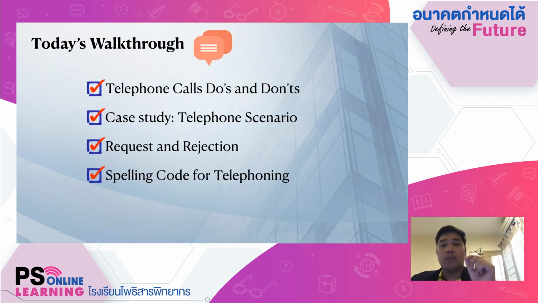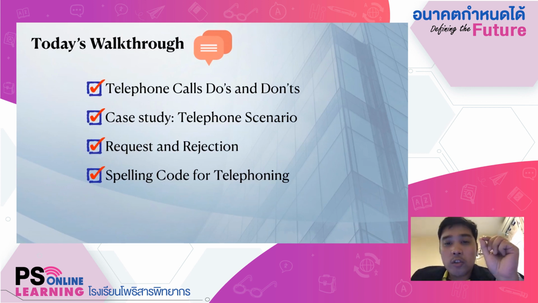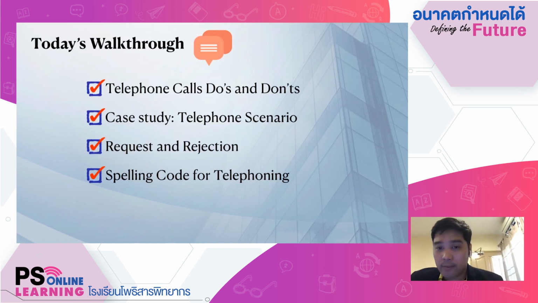For example, P or B: P for Peter, or B for Bravo. T for Tango, or P for Peter. You would know how to spell out the words in a different way from your current life. Okay.